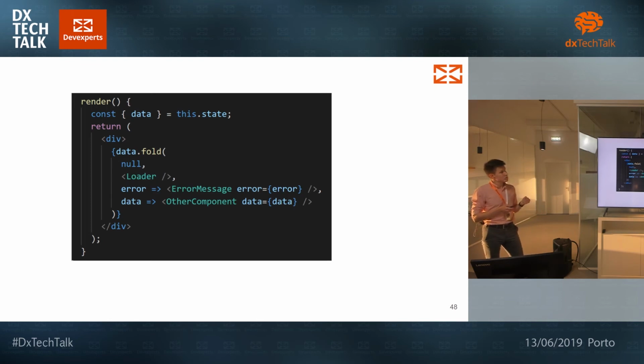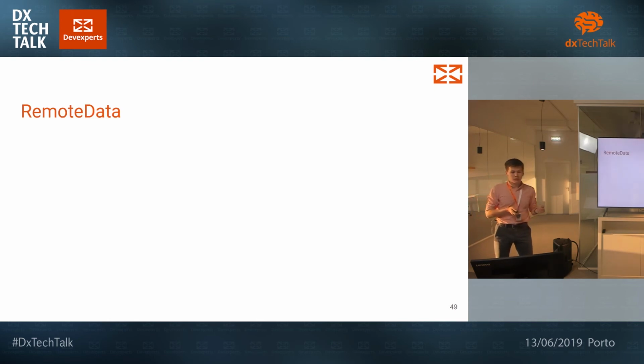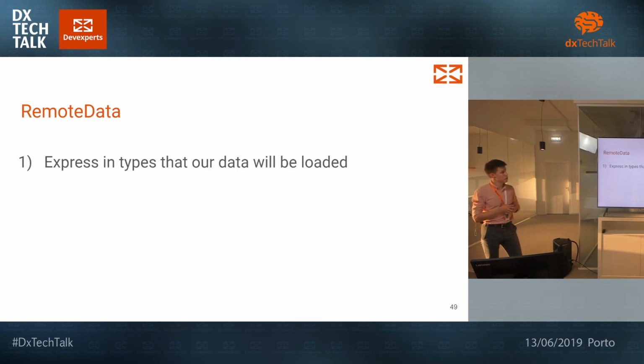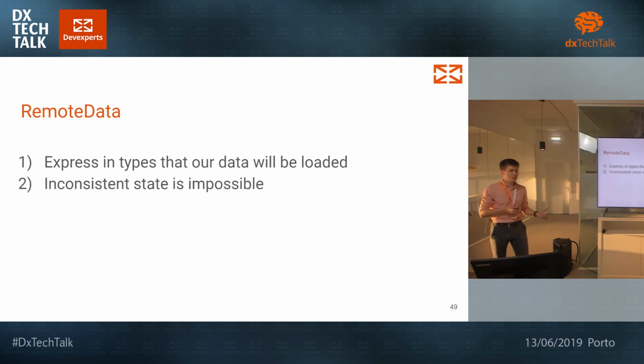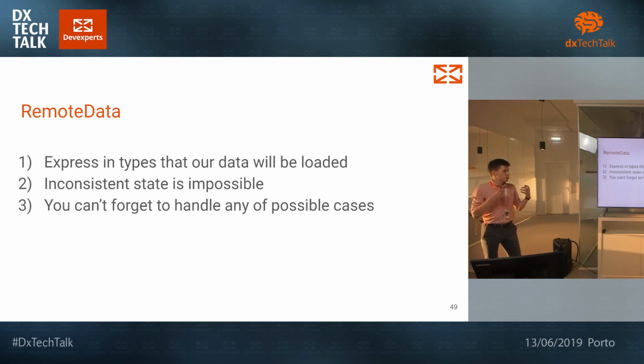And that's actually it. Remote data helps us to express in types that our data will be loaded from somewhere. Now, inconsistent state is impossible, and you can't forget to handle any of the possible cases. Right?